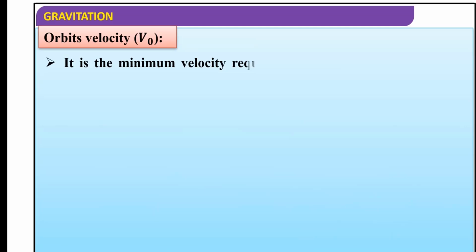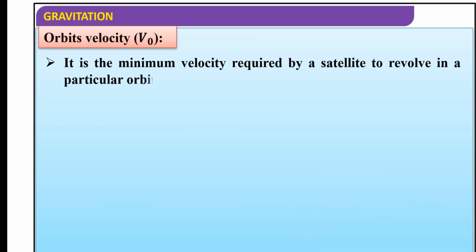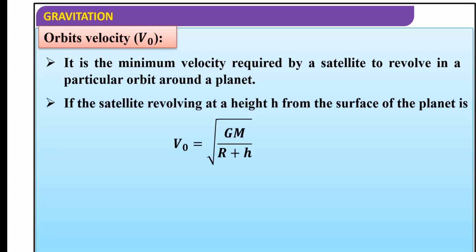Now the next thing, orbital velocity. The minimum velocity required by a satellite to revolve in an orbit of a planet, that is its orbital velocity. And the expression of orbital velocity we have written as under root of GM upon r plus h.